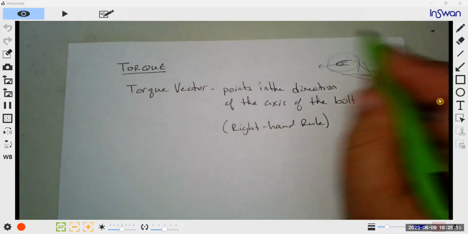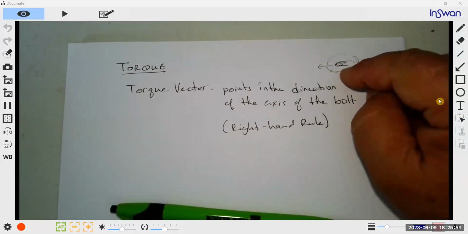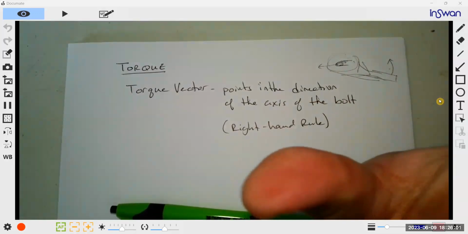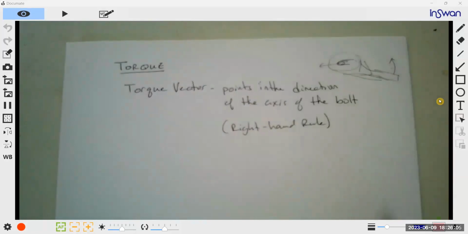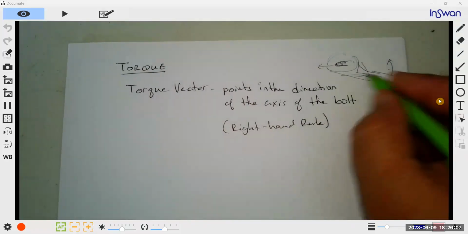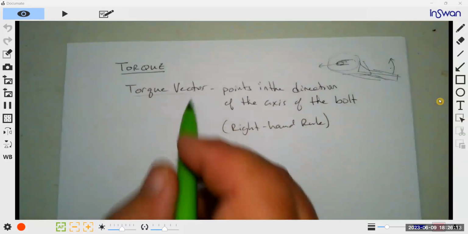As we're saying, it's counterclockwise. The bolt is our y-axis, so our fingers are going that way, counterclockwise, going from x to y. So that's what the torque vector is.